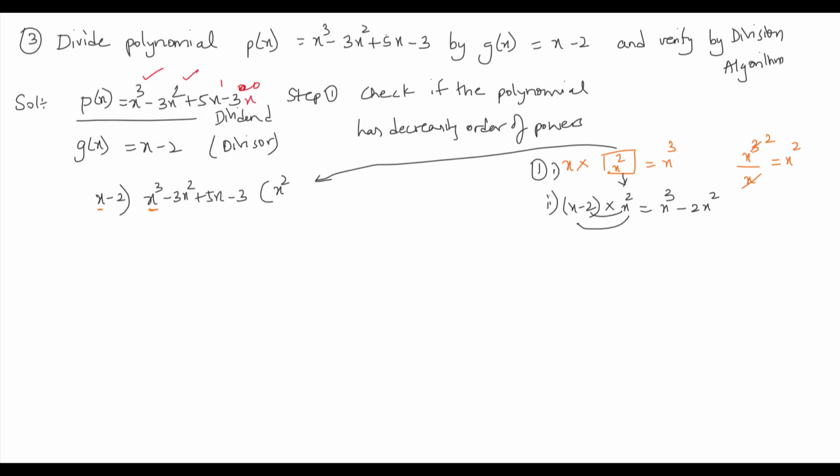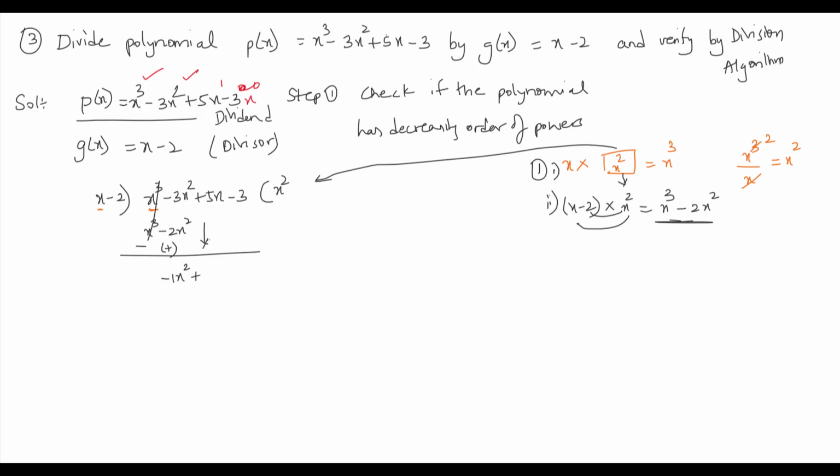Write it carefully down, that is x cube underneath x cube, minus 2x square underneath minus 3x square. So x cube minus x cube, and the sign becomes plus, x cube gets cancelled, minus 3x square plus 2x square is minus 1x square.